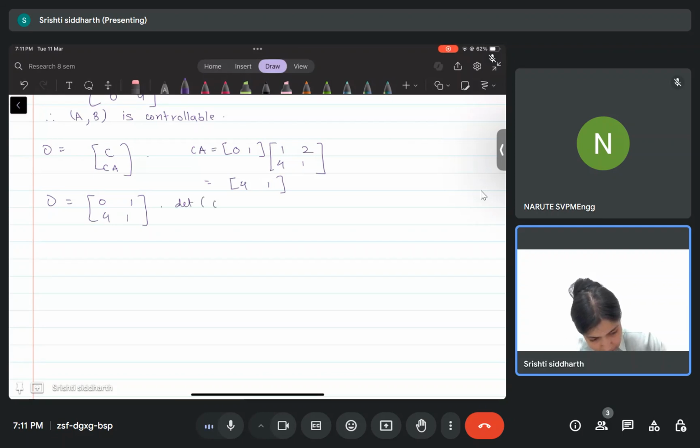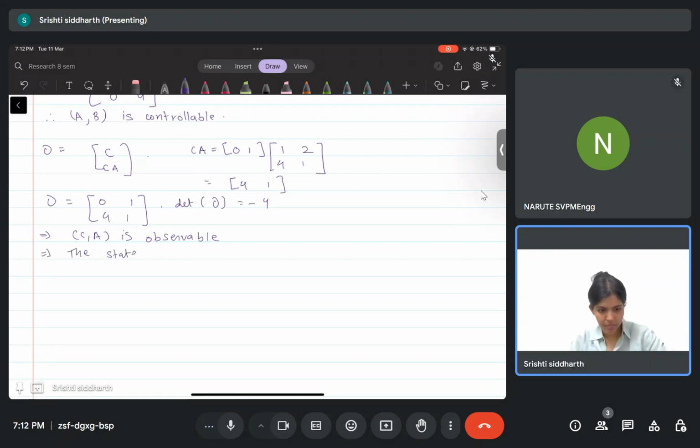So the determinant is simply minus 4, which implies that the pair (A, C) is observable. These observations imply that the state space model is a minimal realization of the system.